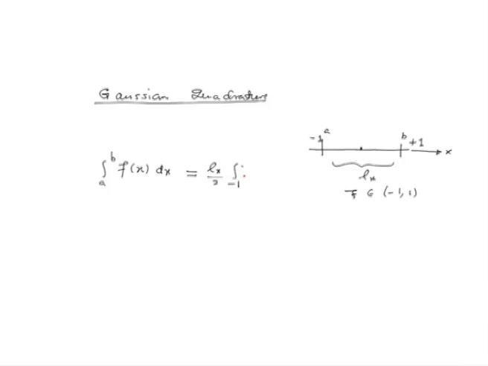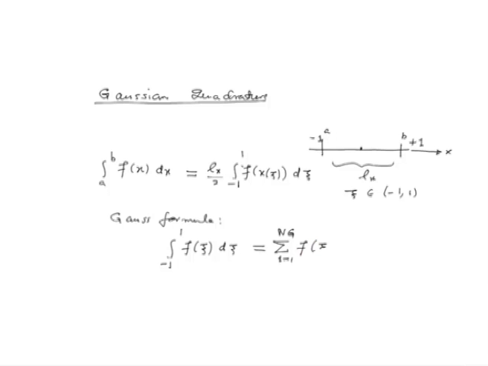So, we can write it as the integral from -1 to 1 of f x of xi dxi, and Gauss formula says that this standard integral in the interval -1 to 1 of f xi dxi can be obtained by this weighted sum, i equal to 1 to n of f xi i times wi. Here the xi i are called Gauss quadrature points, and wi are called weights.